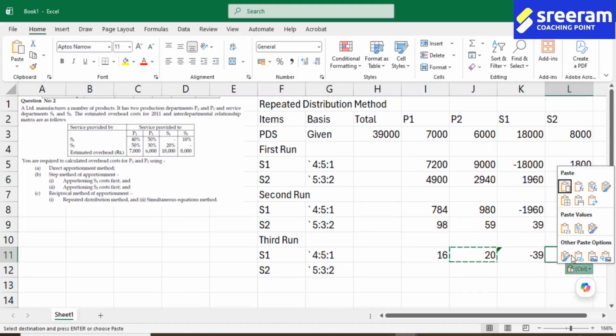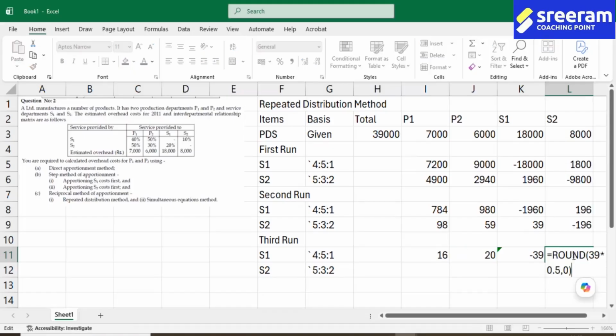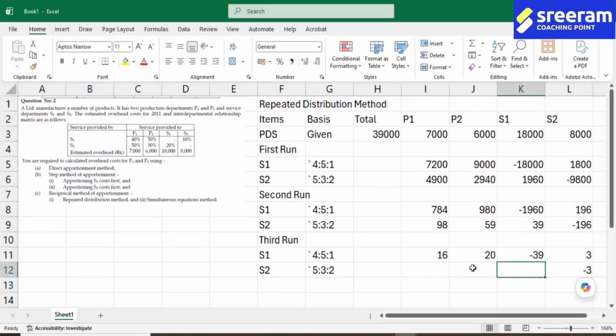Instead of 0.5, it will be 0.1. So if you sum up 36 plus 4, 40 it will be. So this I would like to make it out as 3. I am adjusting so that it is not exceeding 39. Is that okay? Now the 3, I would like to distribute in the ratio of 5:3:2. So which I would like to do it as 2 and 1, and here it is too small to handle, so it is 0.